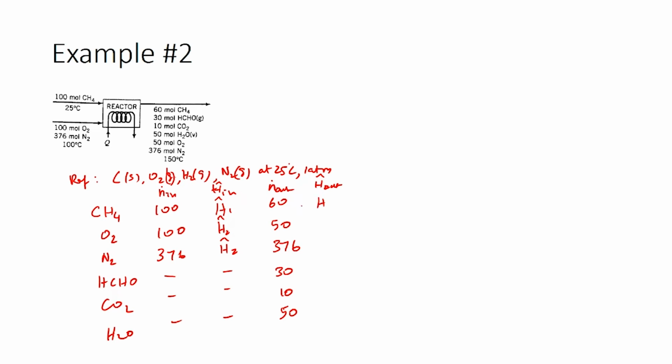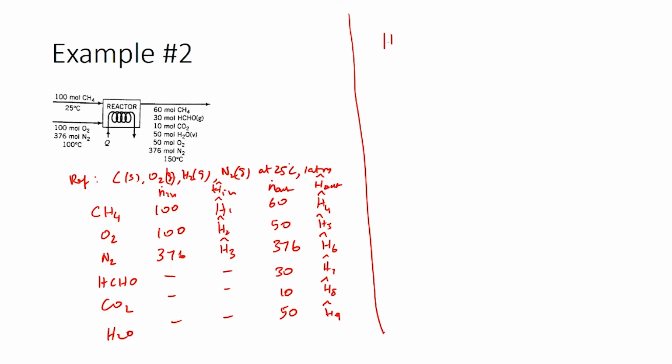So, you would have H4 cap, H5 cap, H6 cap, H7 cap, H8 cap and H9 cap, all of which have to be calculated, because for some you have both formation of the compound and then heating. In the case of nitrogen and oxygen you just have the heating process. So, you need to account for 9 different enthalpies, and you need to calculate all of them and then you would be able to calculate the delta H dot.